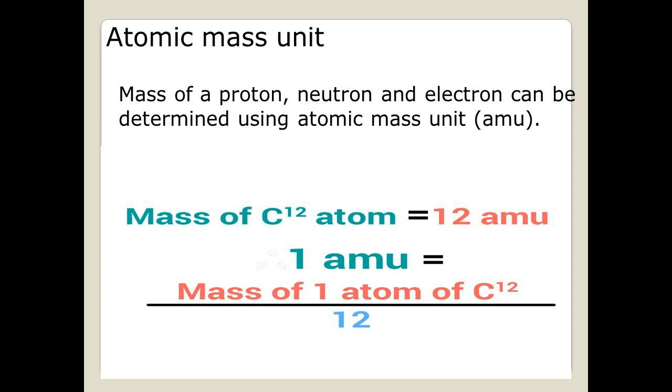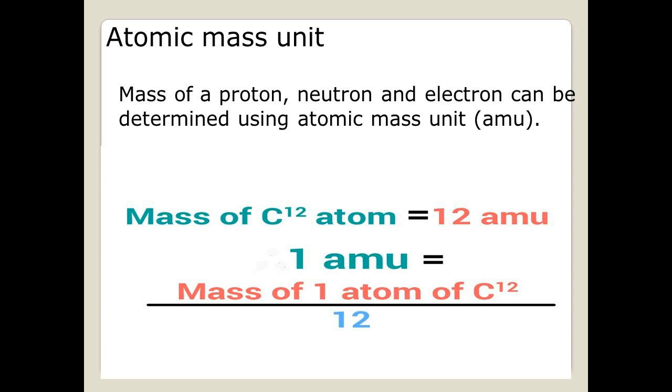Now atomic mass unit. The mass of a proton, neutron and electron can be determined using the atomic mass unit, that is AMU. The unit of mass of an atom is called the atomic mass unit. The mass of an atom cannot easily be expressed in kilogram, gram or milligram. It's not easy to measure in such terms.